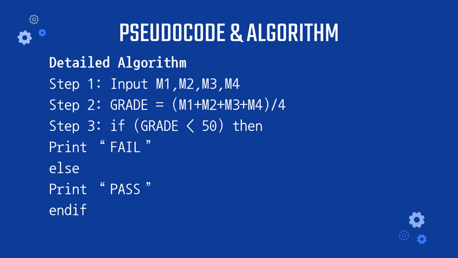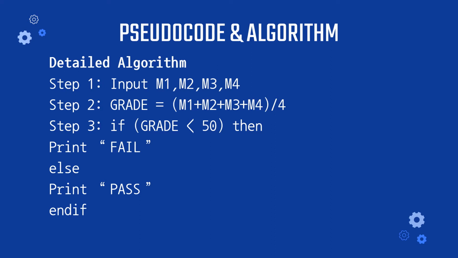Ito naman po yung example ng detailed algorithm. So, step 1, we will input the mark 1 or M1, M2, M3, and M4. For the second step, we will calculate the final average or the grade of the student. So, paano ba kinukuha ang average?